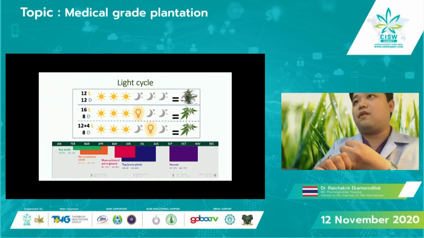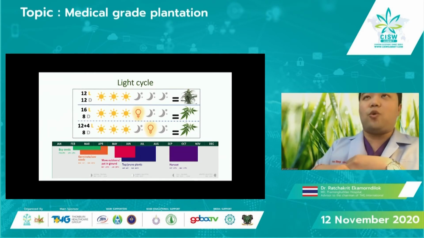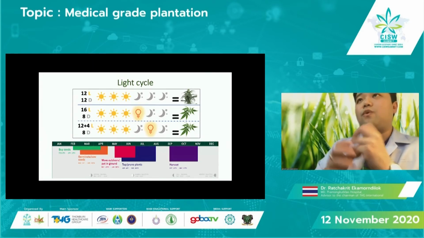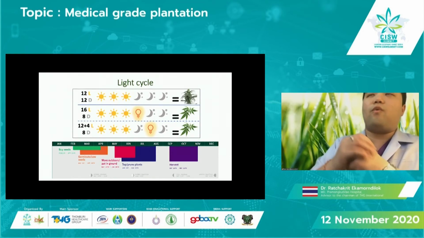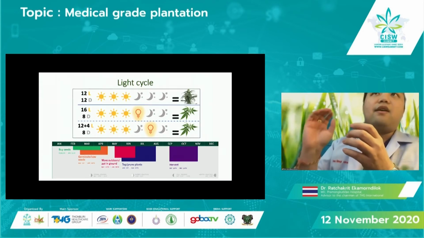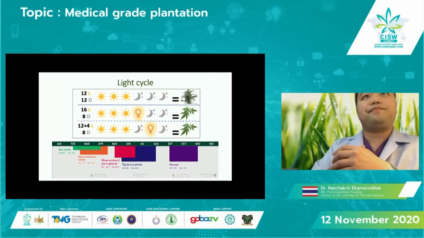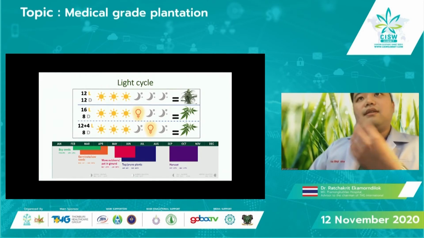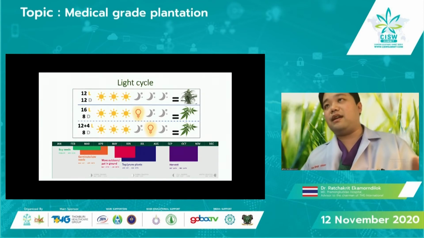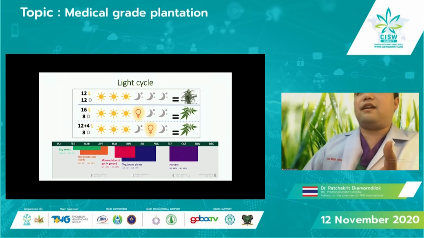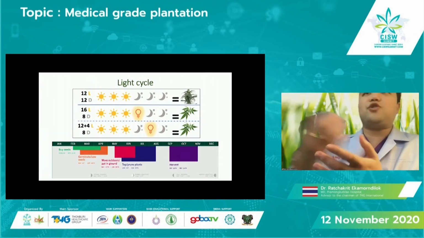But when you grow it outdoors, you have to be careful about the month and the season when you start planting. The natural flowering stage of cannabis is in the winter, because the light is shorter than in the summer.